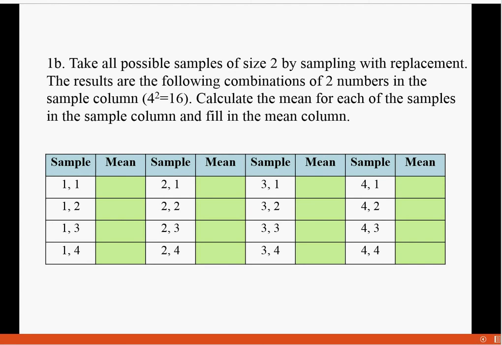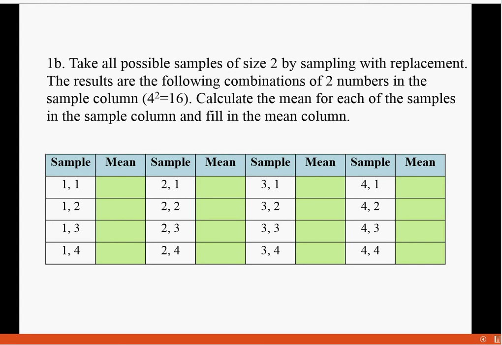But here, sampling with replacement, after you take the first number, you record what you get, then you place the number back into the pool and take the second number and see what you get in the second drawing. And after 2 rounds of drawing, you obtain 2 numbers. These 2 numbers form one sample.